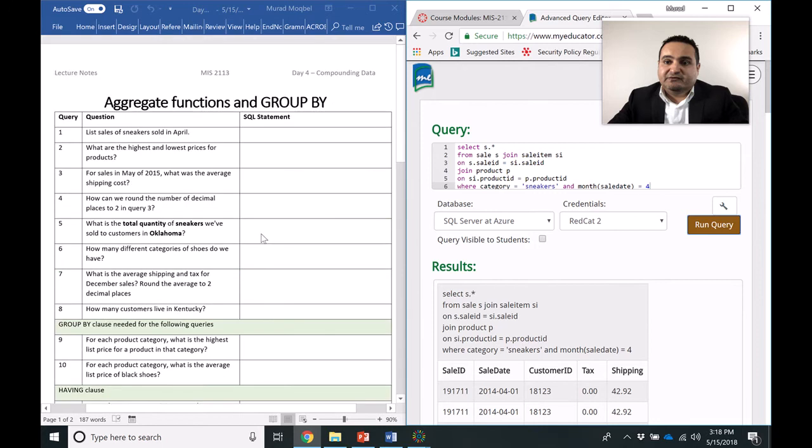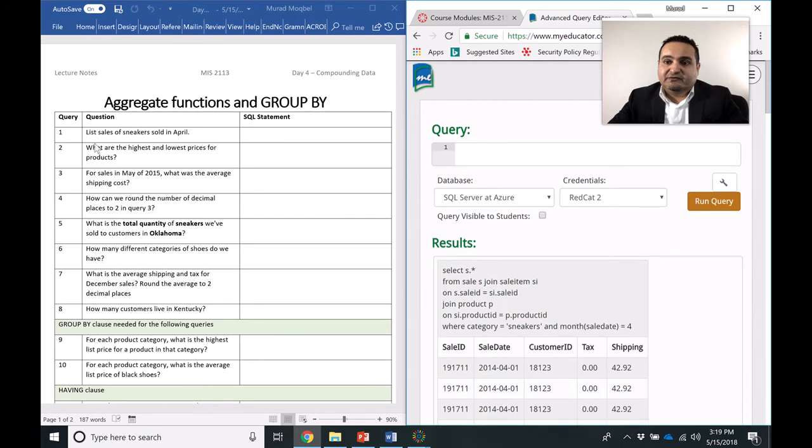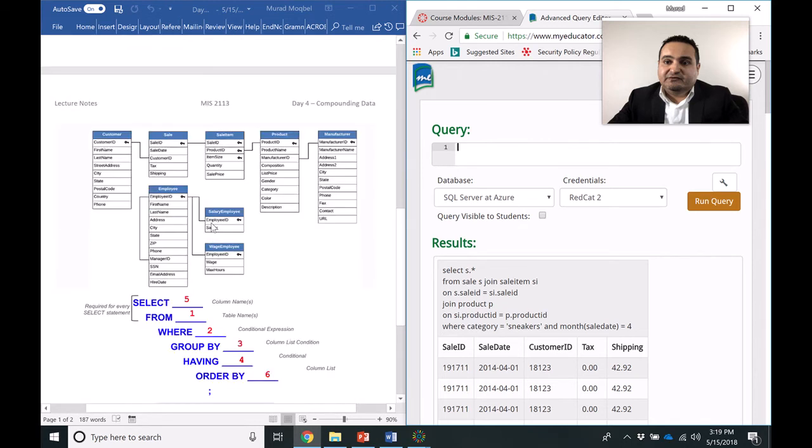Alright, so now let's move on to the next one, where we will start using the aggregate functions. Alright, so what are the highest and lowest prices for products? So from the product, and we need the list price. So the highest and lowest prices from the product.